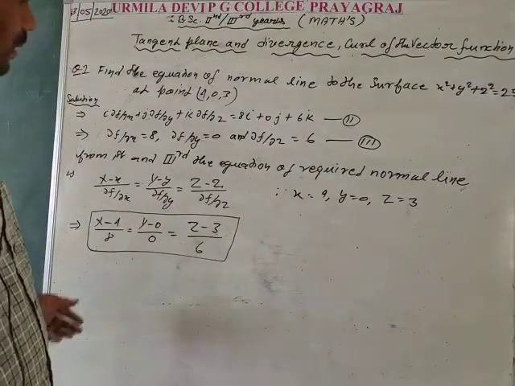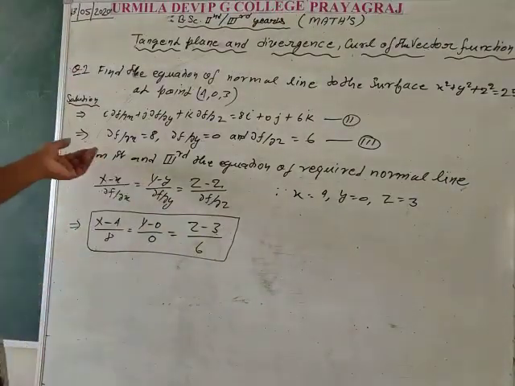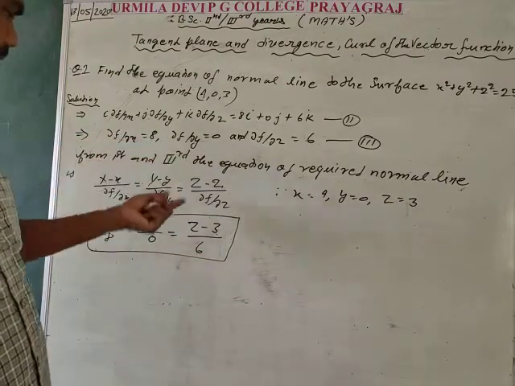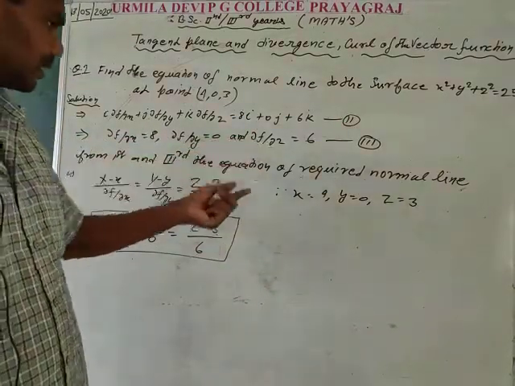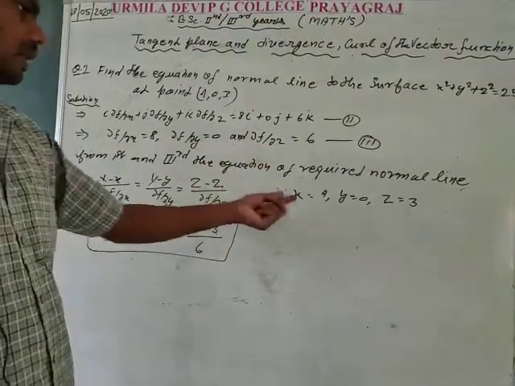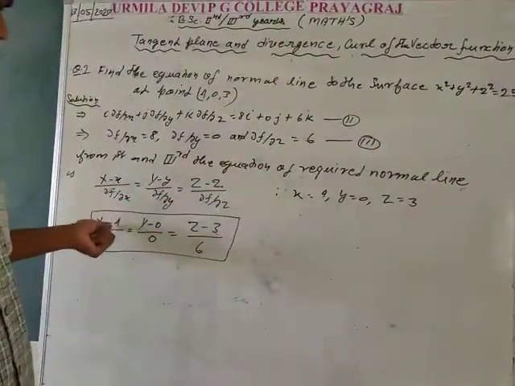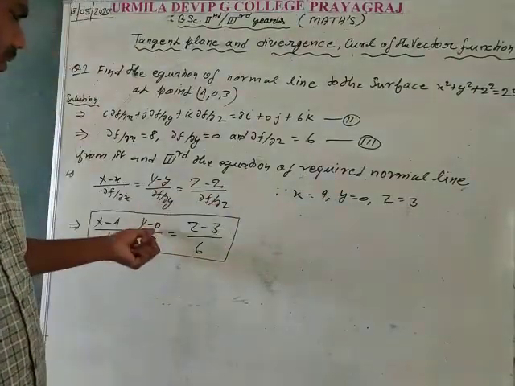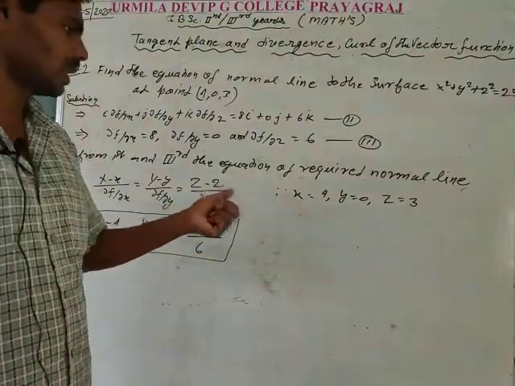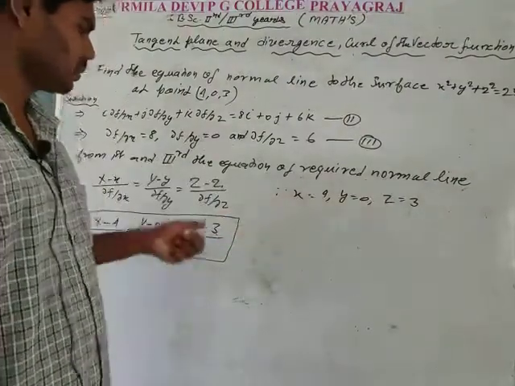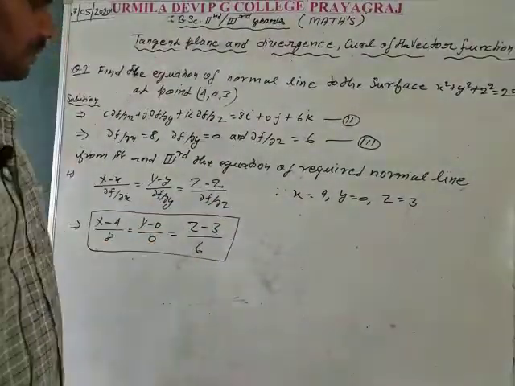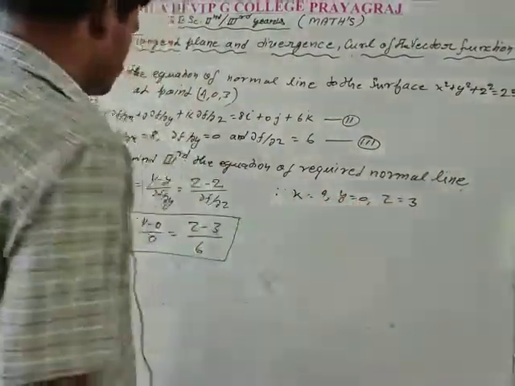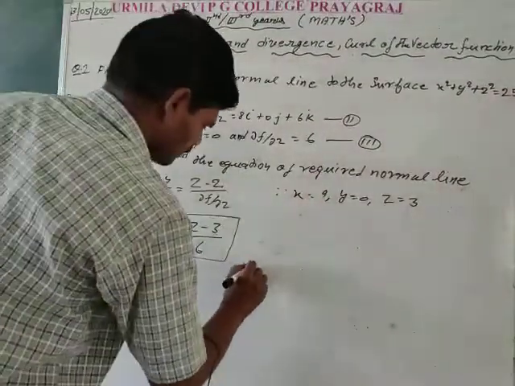Now one more time, checking: del f by del x is equal to 8, del f by del y is equal to 0, del f by del z is equal to 6, and x is replaced by 4, y by 0, and z by 3. This is the right equation of the required line, so it's complete.